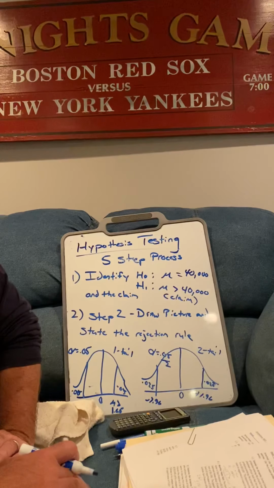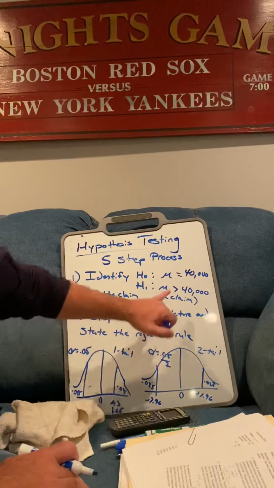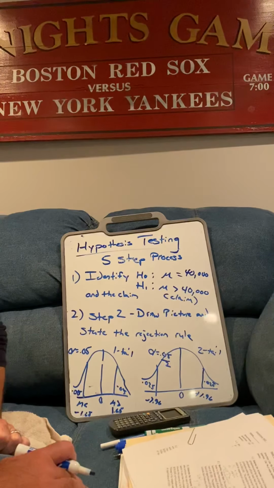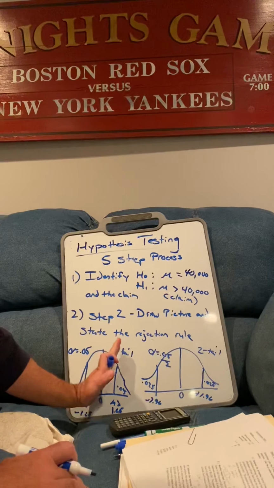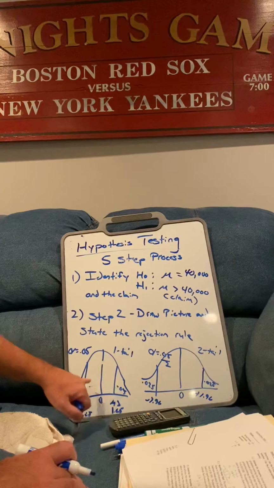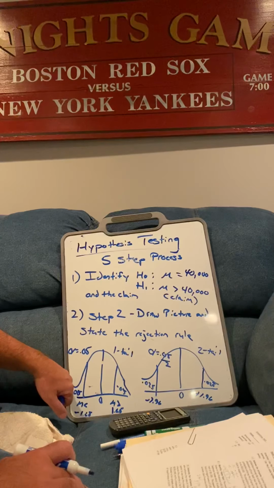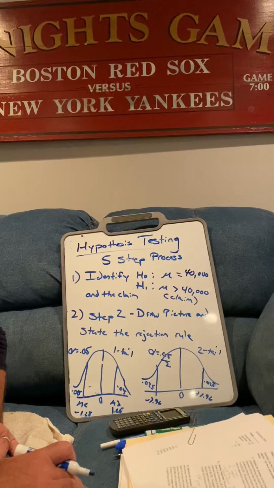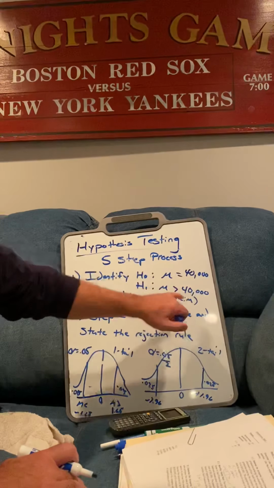Now, if you have a situation where it's a greater than or less than, those are what we call a one-tailed test. Greater than will always be on the right-hand side. Less than will always be on the left side. If it is a two-tailed test, that's when it's an equals, not equals problem.